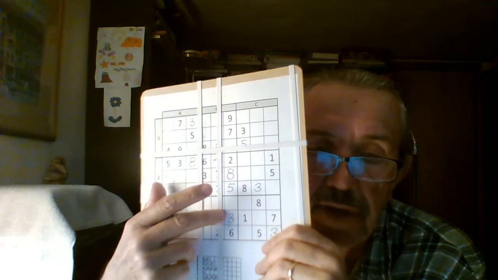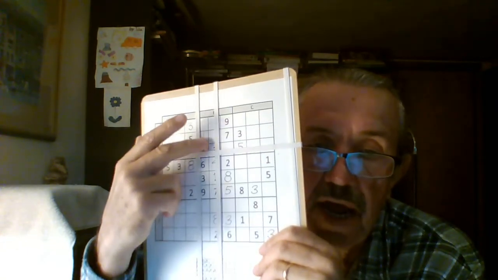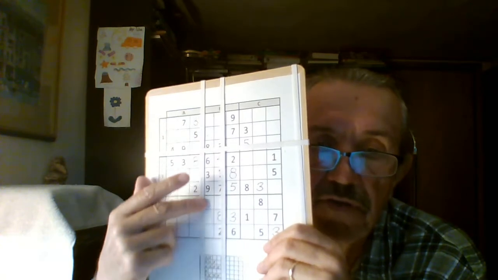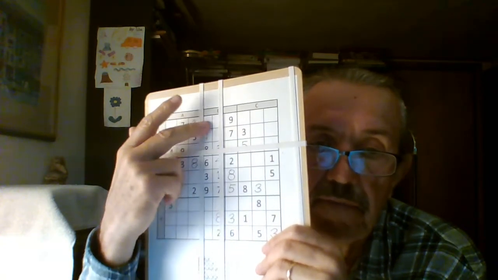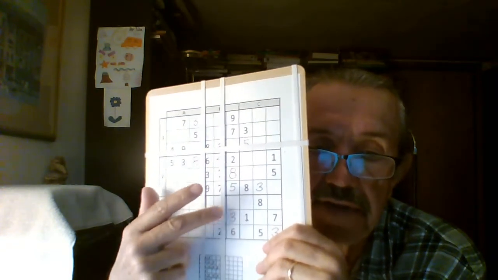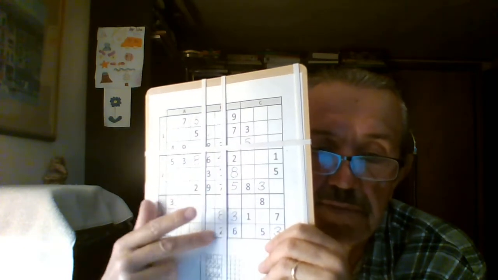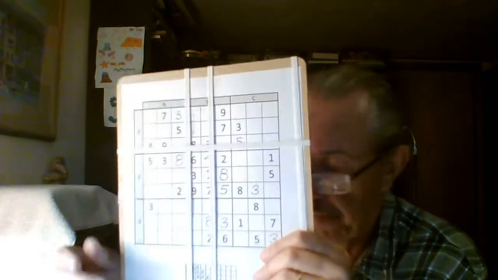And one more time, this already has number 4, and these columns also have number 4. The one available space for number 4 in square B3 is over there.